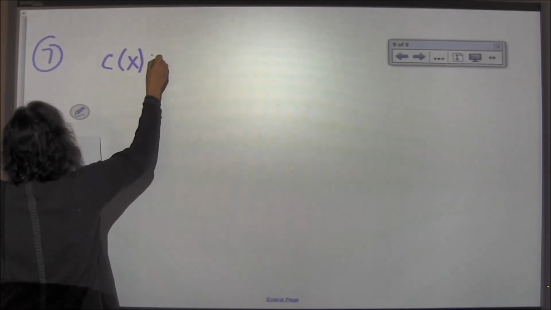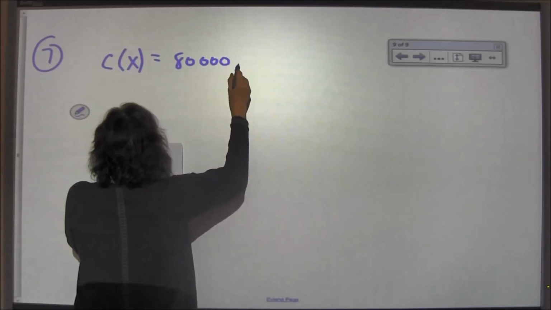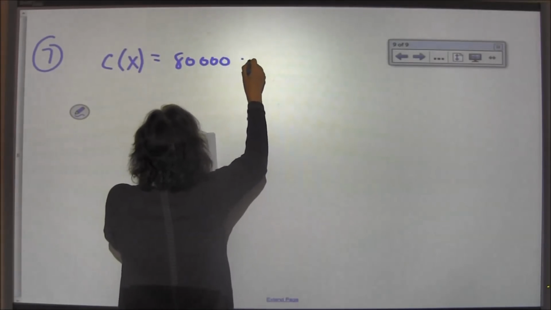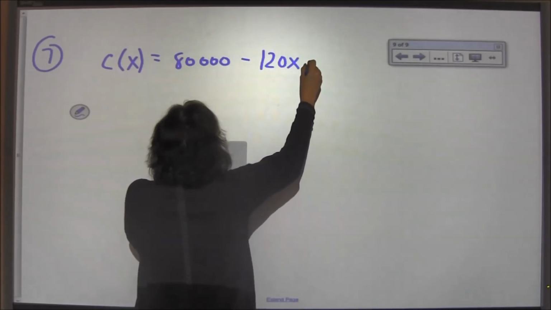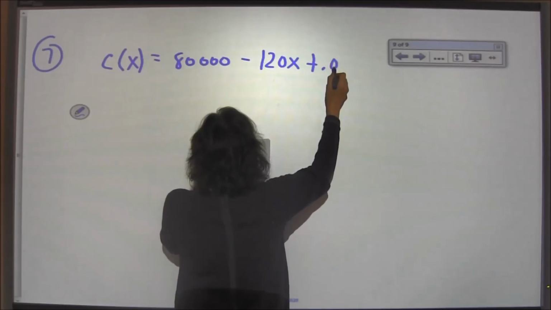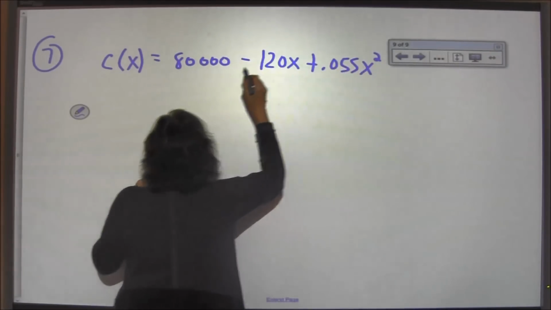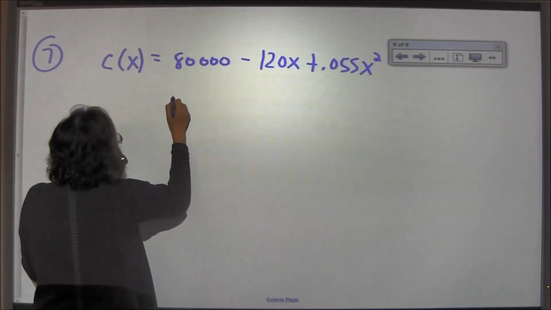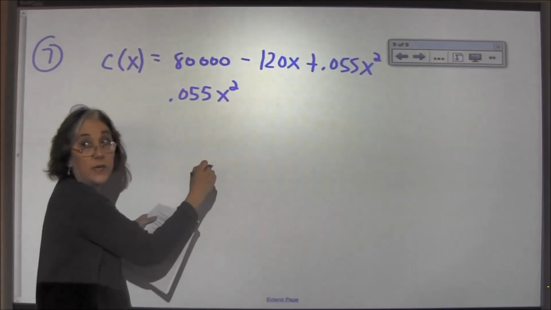I mean, you don't have to use the graphing feature. So we've got 80,000 minus 120x plus 0.055x squared. So it's not in the correct order. Let me go ahead and rearrange that, just so we get our A, B, and C correct.